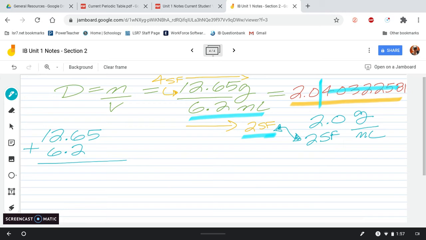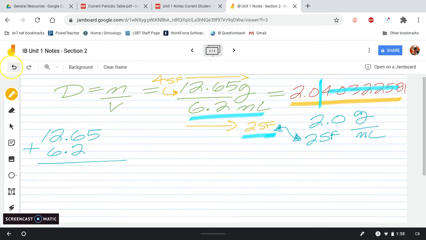Okay, so here's the difference. When you are adding and subtracting, you are looking at the number of decimal places. So what we're going to look at is the decimal places. The 12.65 contains 2 decimal places, where the 6.2 contains 1 decimal place.